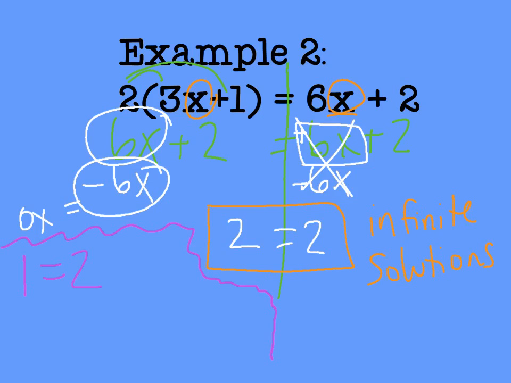So in this situation, we would have no solutions. What that means is back here in my original equation, no number that you could pick in the entire world would make it work. So again, if my x's cancel out, I either have infinite solutions or no solutions based on what is left at the end after they cancel out.